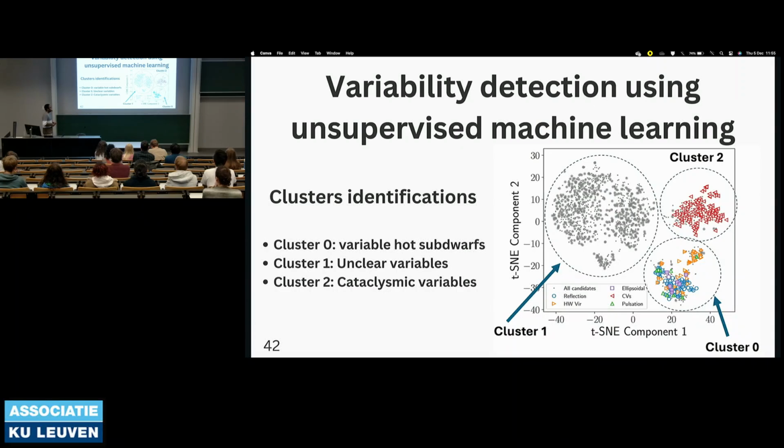My next plan is also to separate each of these variable types so that we can, for example, have a cluster only for ellipsoidal variables, one cluster for reflection effect, and one cluster for HW Vir systems. So I'm trying to find a way to do that.